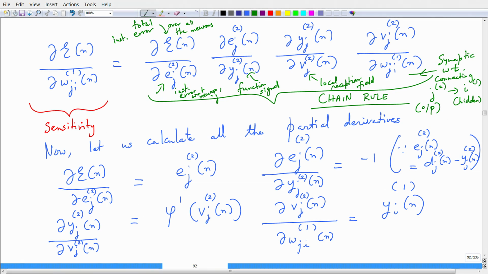All these are within the output layer, that is at layer 2, and then last the local reception field at neuron j in the output layer with respect to the synaptic weight connecting the jth neuron in the output layer with the ith neuron in the hidden layer.